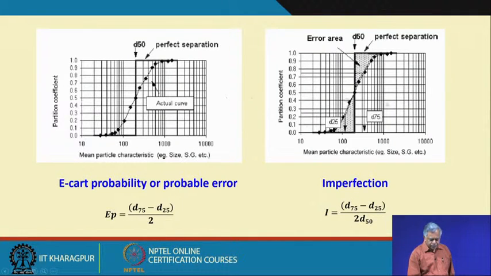It is the same thing I am saying, but it shows the area enclosed under this, how much is the deviation from the ideal curve. Imperfection is defined as D75 minus D25 divided by 2 D50. These are the two basic changes in the definition. Here you are also dividing by the D50 size.